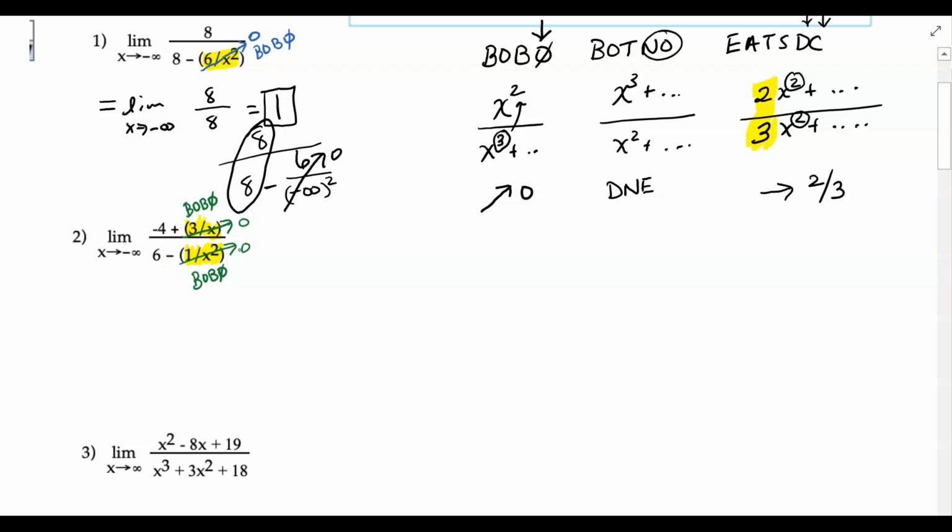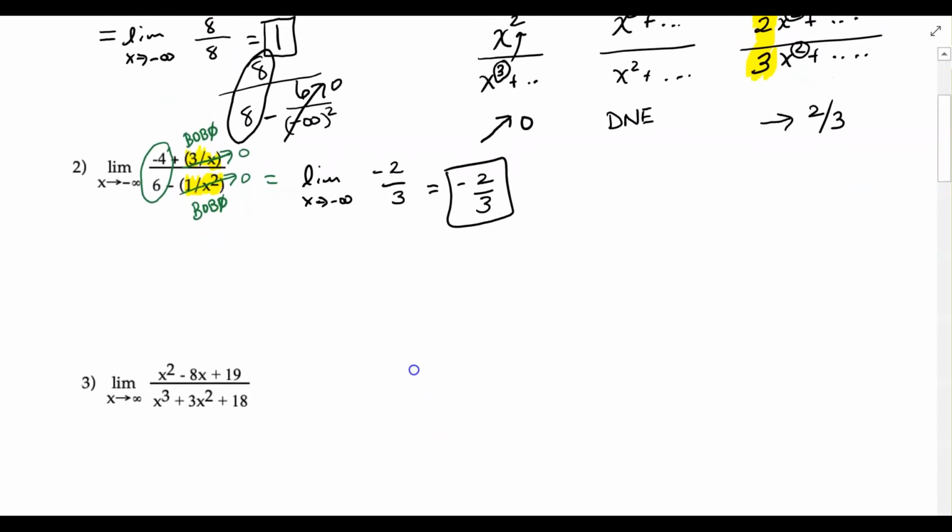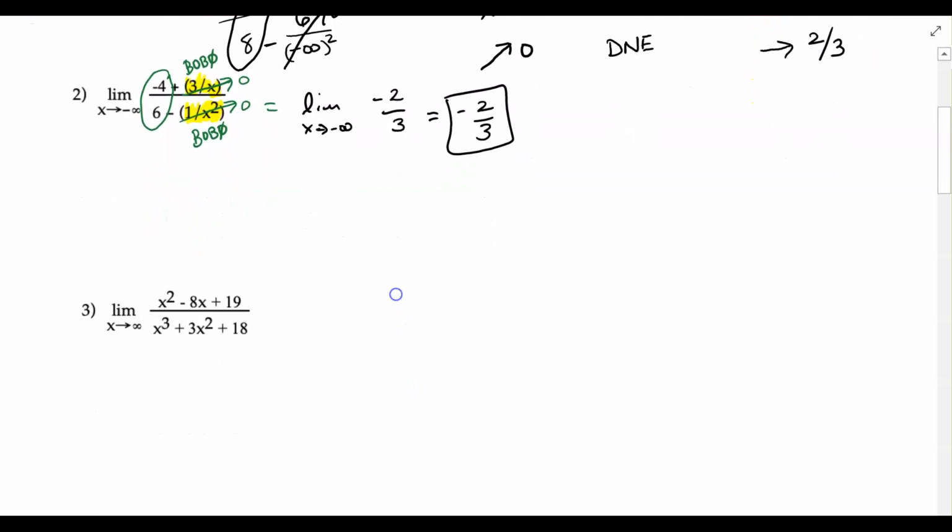We're looking at the limits of these things independently, but now we're left with this constant -4/6, which tells me then that the limit as x approaches negative infinity is the number 2/3, -2/3, which is just -2/3, because the limit of any constant is the constant itself. Okay, now that's not too bad.